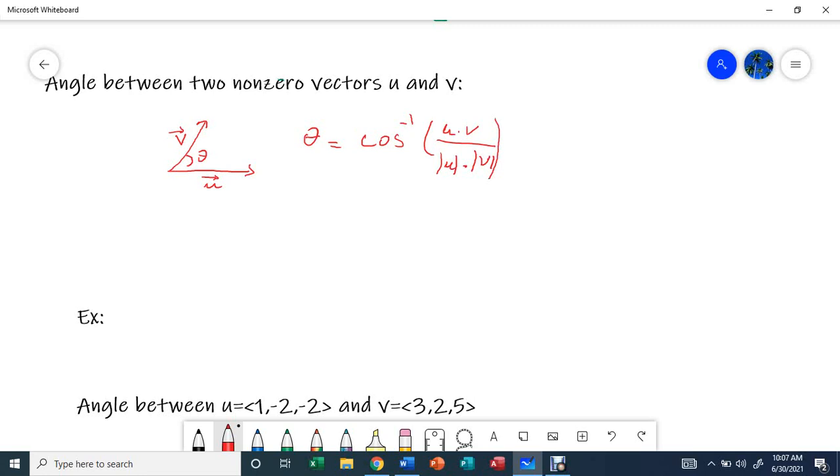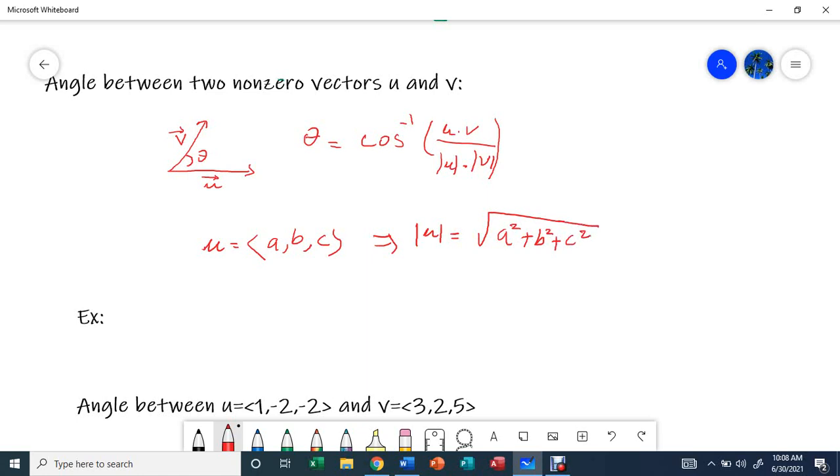And let me remind you how to find the magnitude of a vector. If I have a vector u equals a, b, c, the magnitude of u is the square root of a squared plus b squared plus c squared.